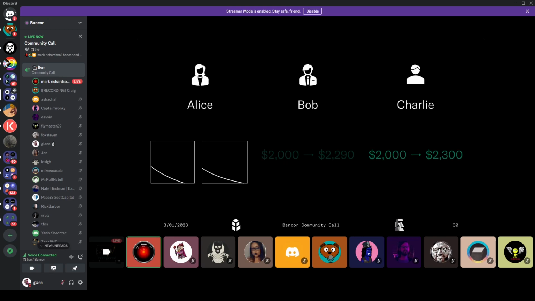I actually thought that there was a good chance that the regular AMM position would come out ahead of HODL, but I didn't have time to adjust the settings of my simulation and see exactly where the rubber hits the road there. So Bob has made $290 overall on his strategy, but it's still a $10 loss compared to HODL.